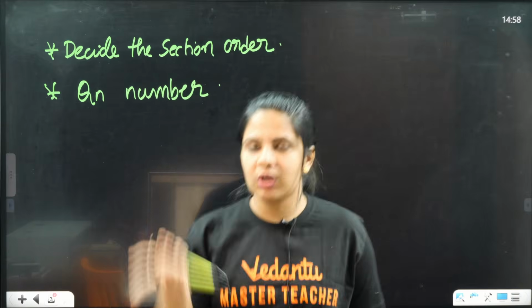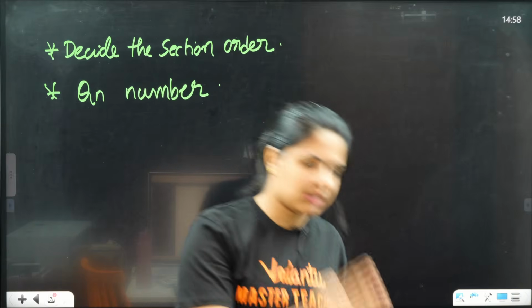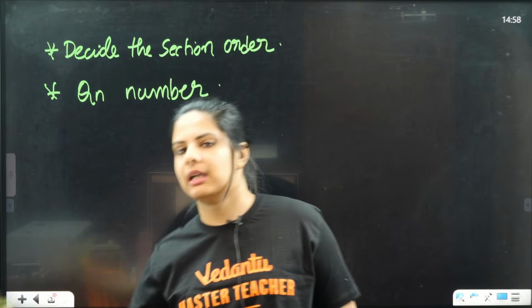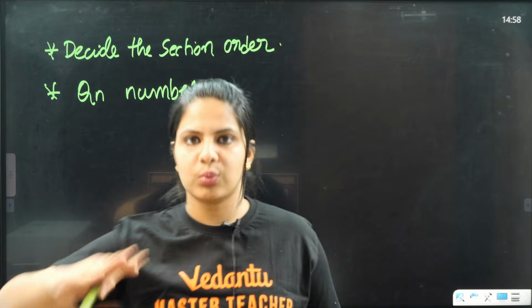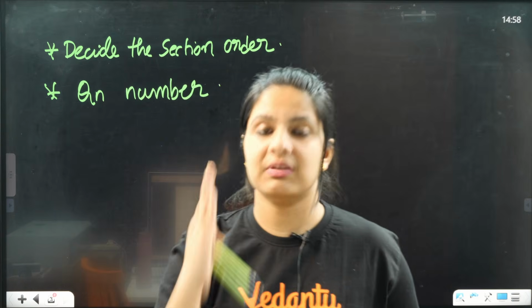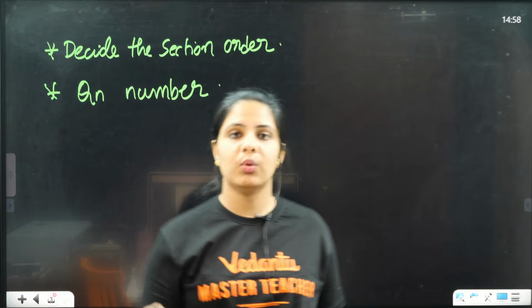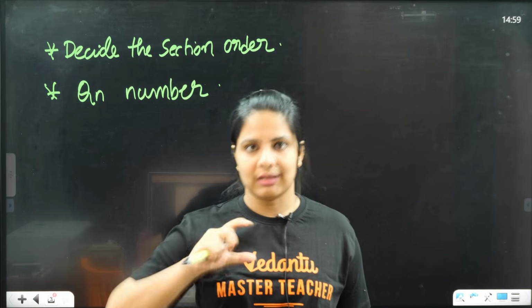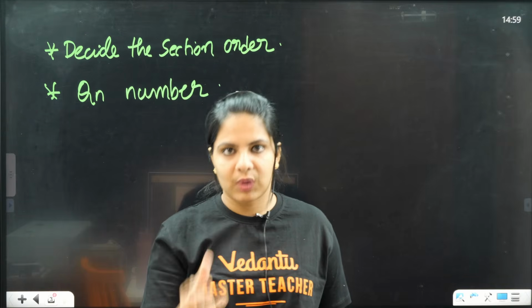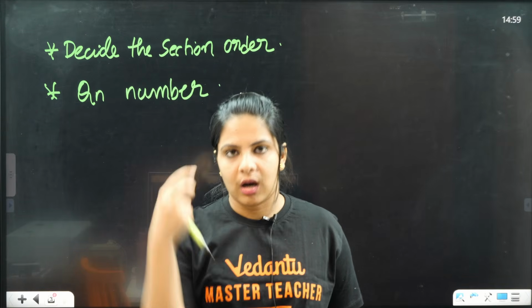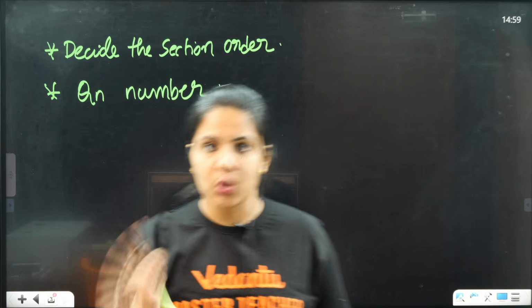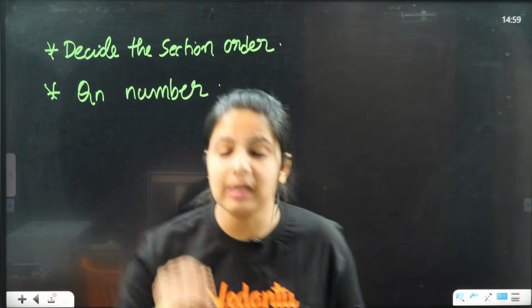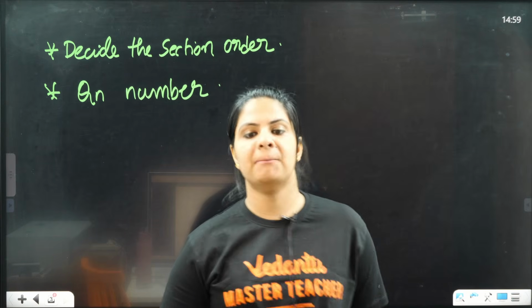Don't do it like, I'm going for one question from section C, then I'll take one from section D, then from section E. Don't do it that way, it will affect you and it will disturb the teacher who is correcting the answer sheet. That is why I'm saying, don't switch in between the sections. Otherwise it will affect you badly.